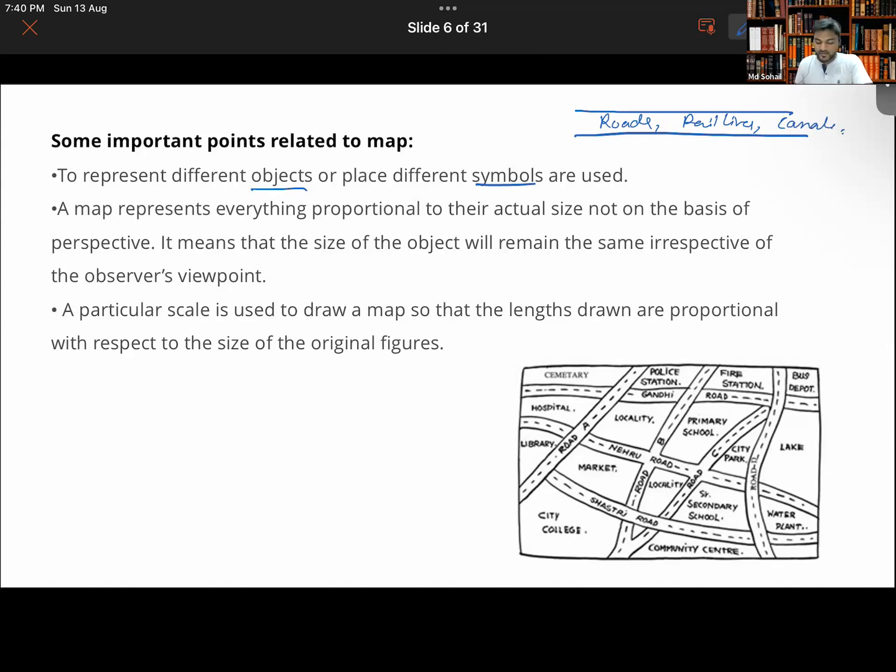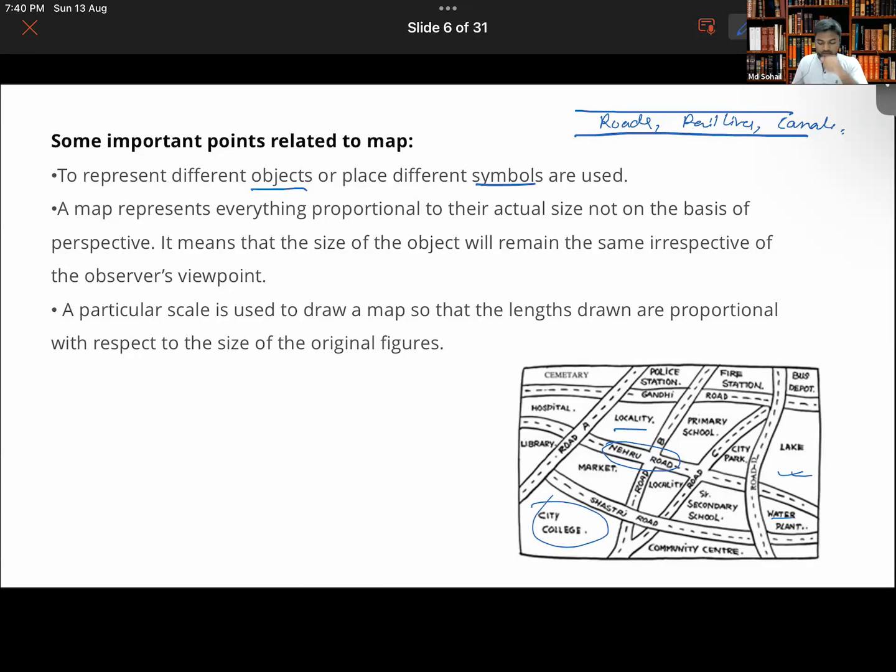For example, here you will see there are different routes connecting to the Nehru Road depicted here. Then you see different shapes, different symbols used to represent different physical features here. For example, this lake, water plant, city colleges, locality.